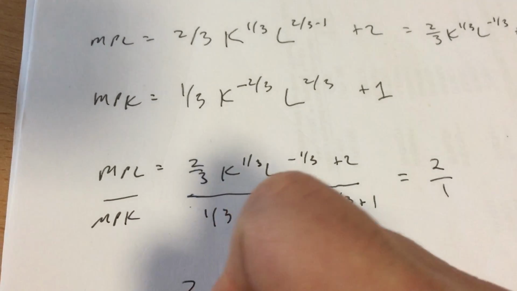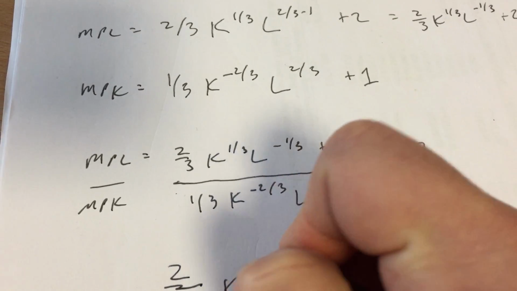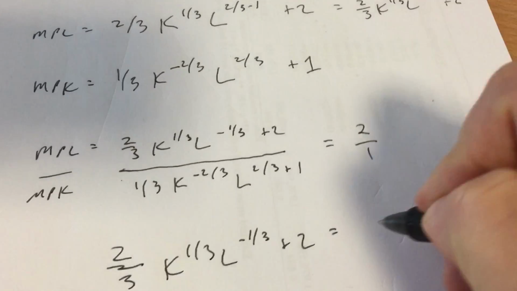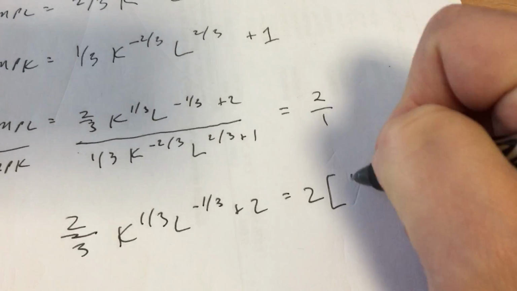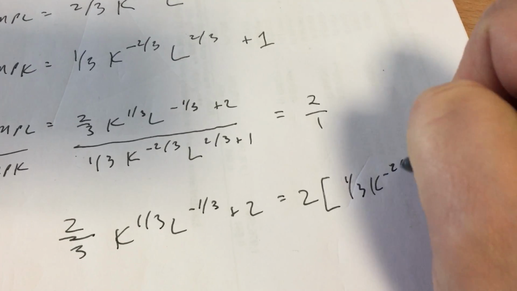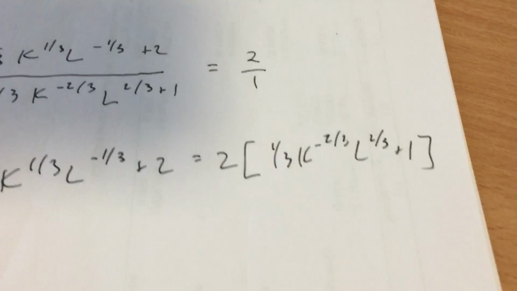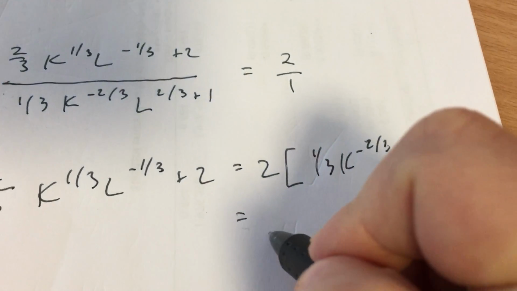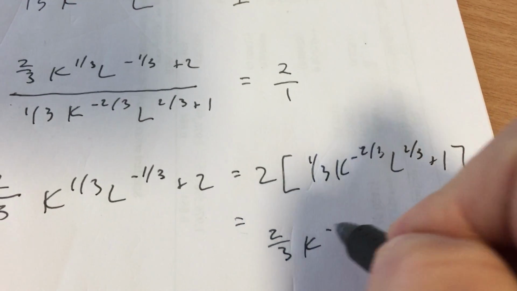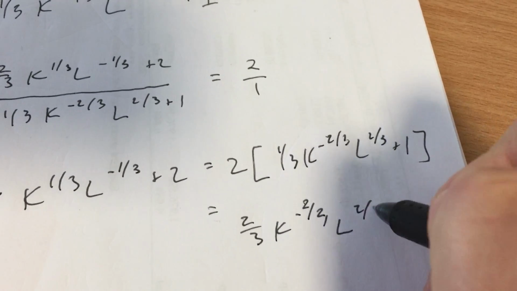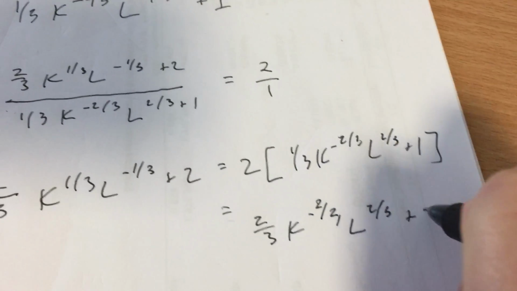So we have 2/3 k to the 1/3 L to the minus 1/3 plus 2 is equal to 2 times 1/3 k to the minus 2/3 L to the 2/3 plus 1. So I'm going to get rid of my parentheses there. So that's 2/3 k to the minus 2/3 L to the 2/3 plus 2 times 1 is 2.